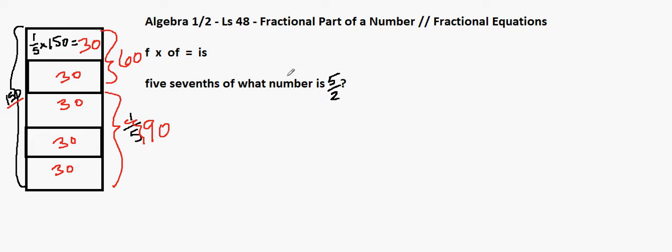5/7 of what number is 5/2? 5/7, turn it into a number. 5/7 is 5/7. I think you could do that on your own before this lesson. Now, of. Have we learned what of means? Of means times in the math world.